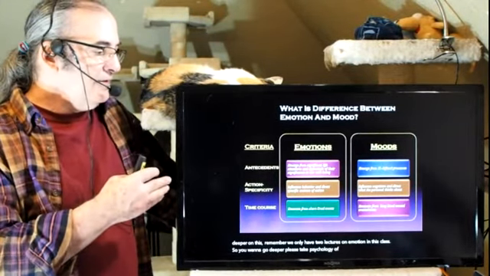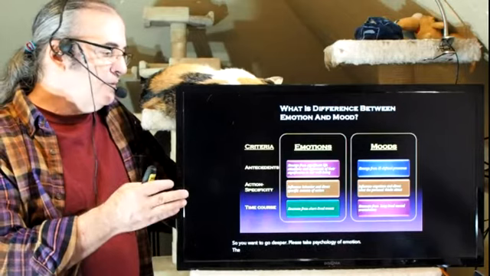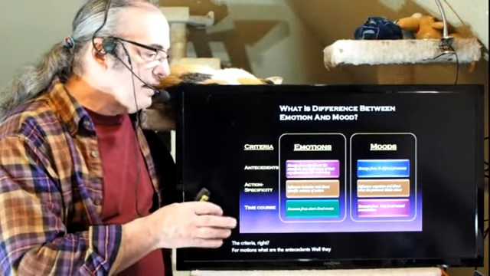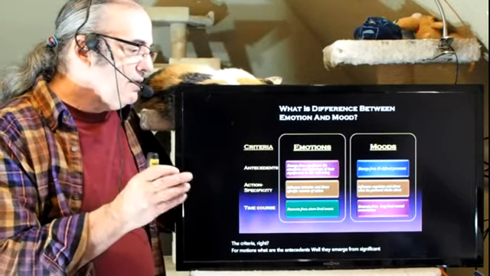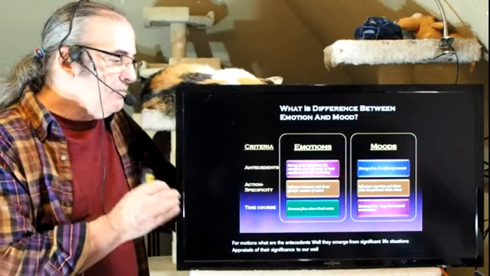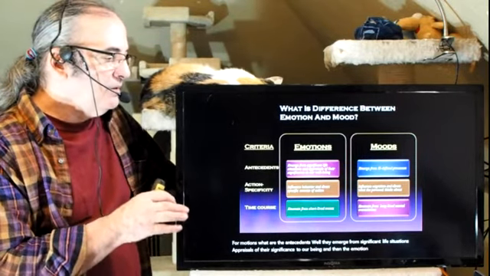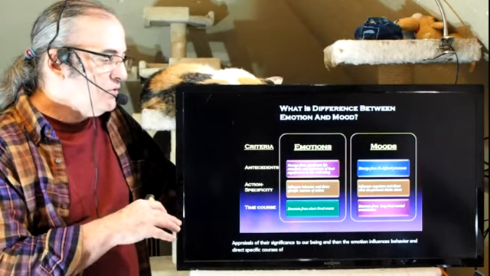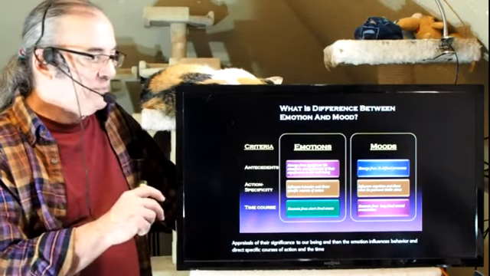Now, the criteria for emotions: what are the antecedents? Well, they emerge from significant life situations, appraisals of their significance to our well-being. Then the emotion influences behavior and directs specific courses of action. And the time course is usually relatively brief.